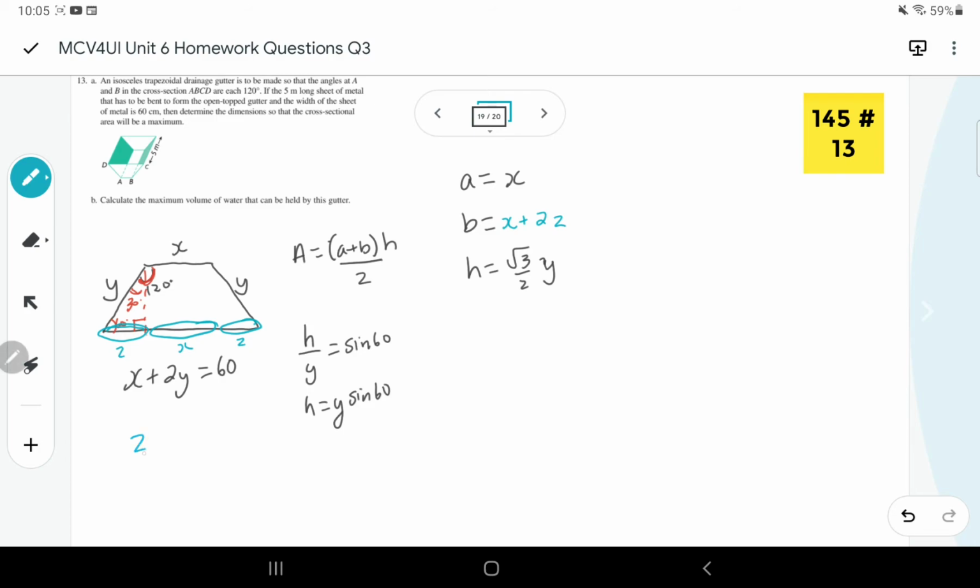So I would know that z over y is cos 60. So z equals y cos 60, and cos 60 is 1/2. So 1/2 y. So x plus 2 times 1/2 y, and then that would just be x plus y.